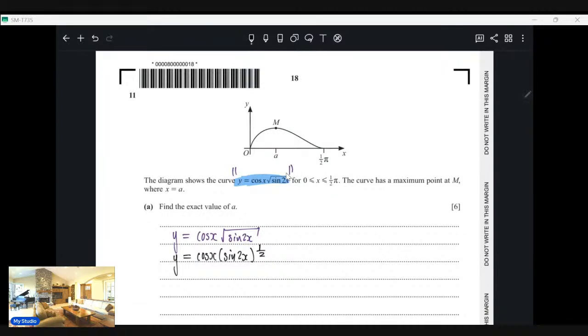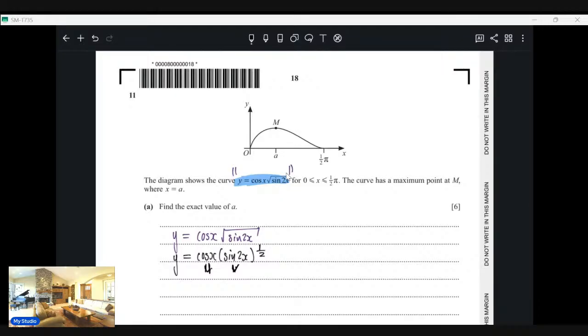Okay? And this is going to be your v, and this will be your u, and we start from there. Because they are multiplying each other. So this is what you have.